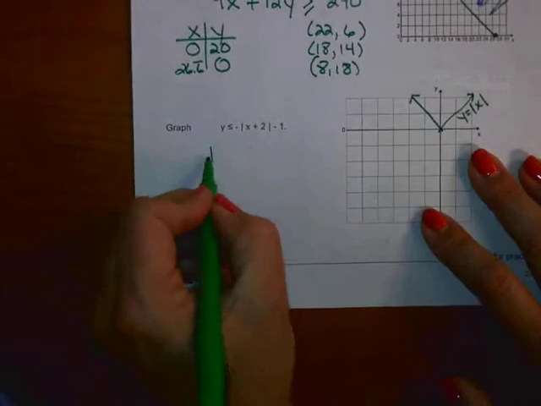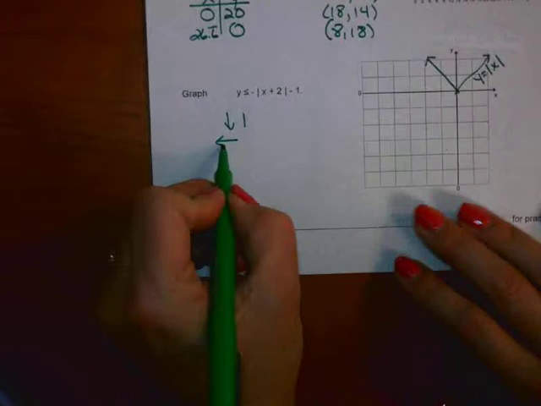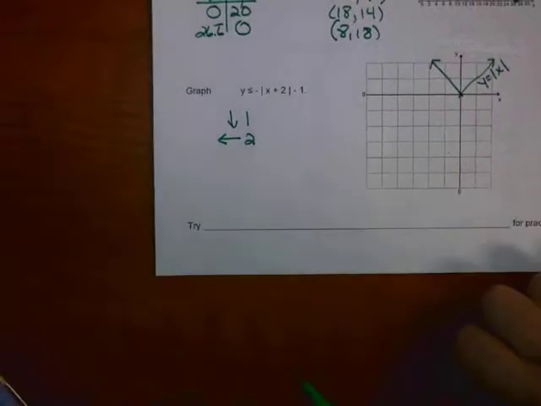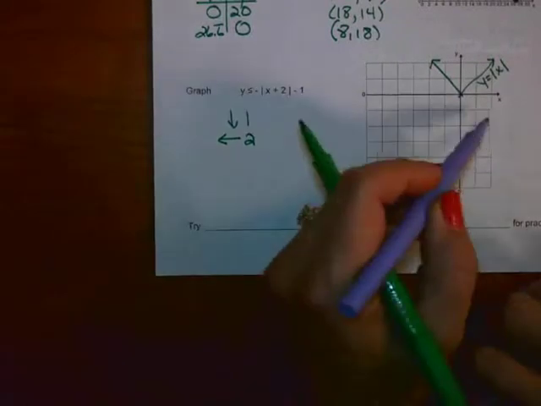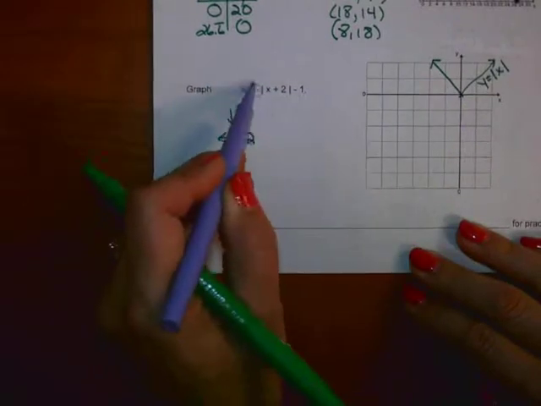I'm going to go down 1. And then I'm going to flip, right? You don't have to necessarily flip first with this one, but we can. Let's do it. Flipping because of the negative.